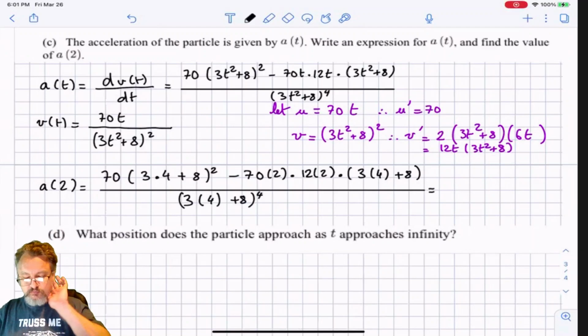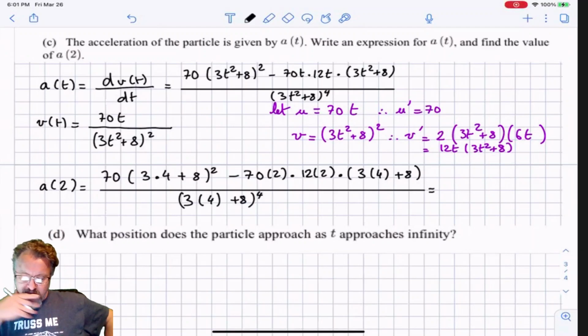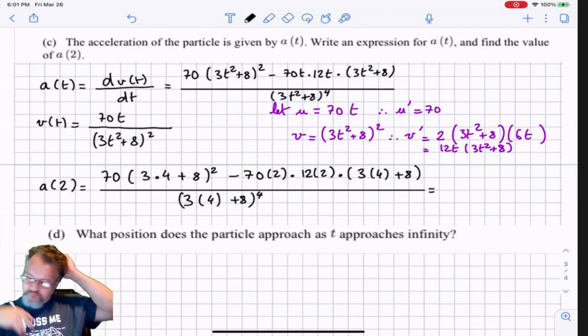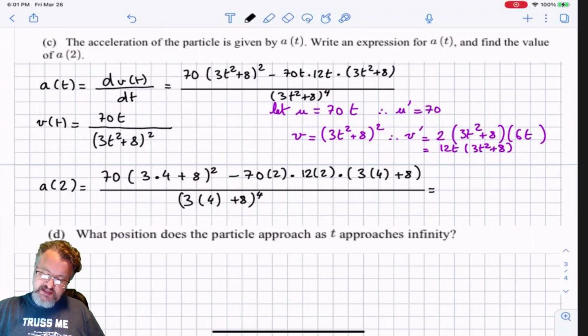All right. So what do we have in the first parenthesis here? 3 times 4, 12. 12 plus 8 is 20. 20 squared is 400. And we have 70 times that 400. So we have 28,000.